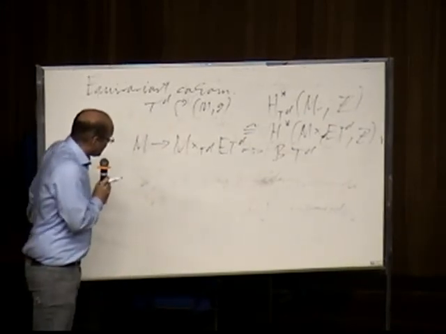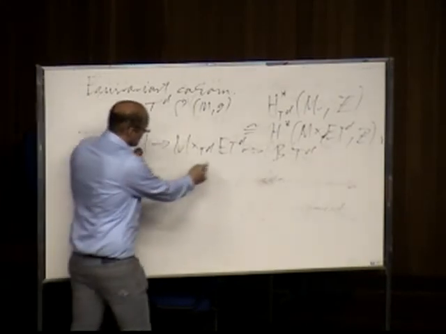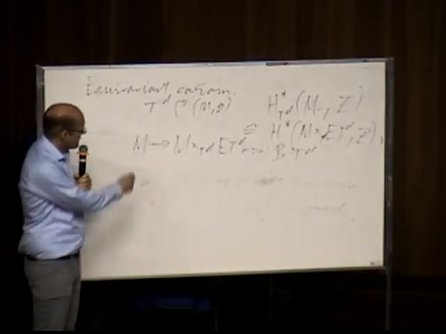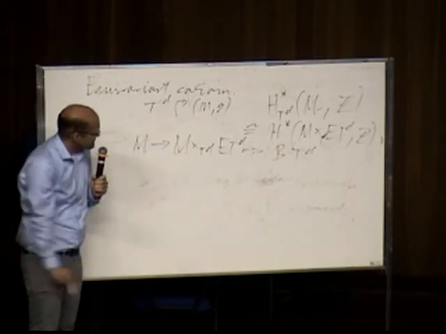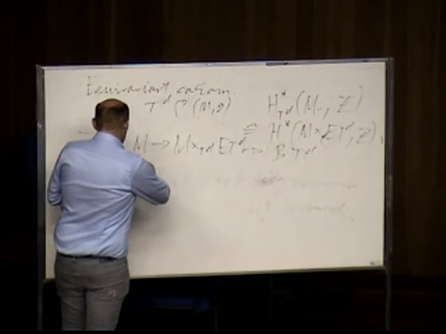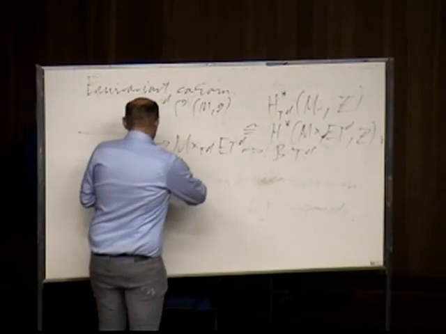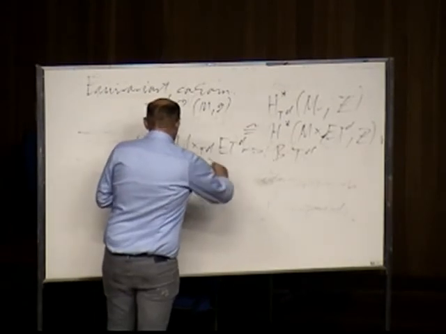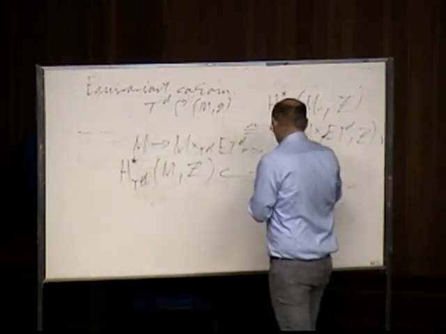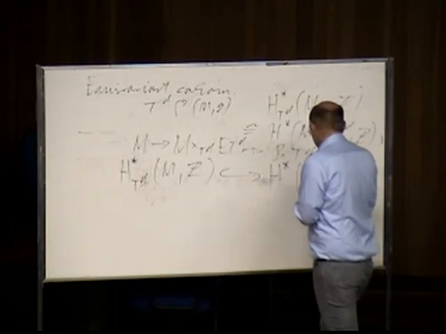So often one can bring oneself into a situation where one has a torus action for which the spectral sequence degenerates, and then one has the property that the equivariant cohomology ring of the manifold injects into the equivariant cohomology of the fixed point set.